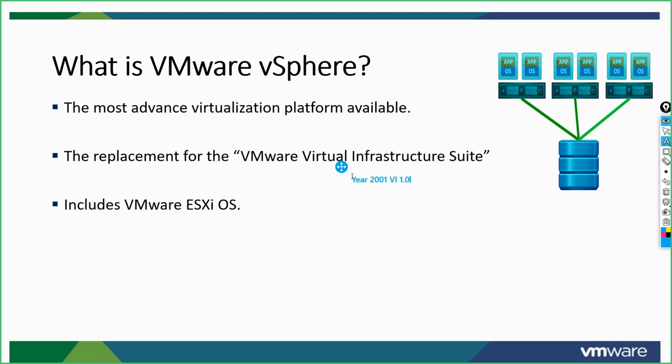At this time in 2001, it was not so popular, but the product gained much more popularity in the year 2008, and at that time the version was Virtual Infrastructure 3 and 3.5.